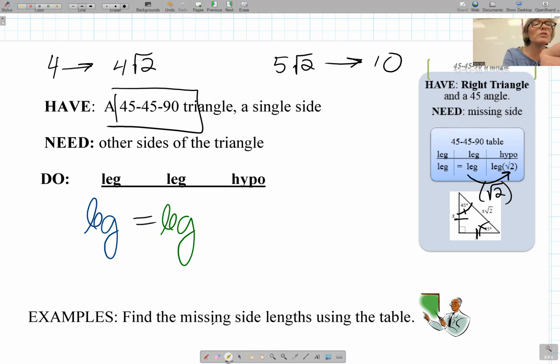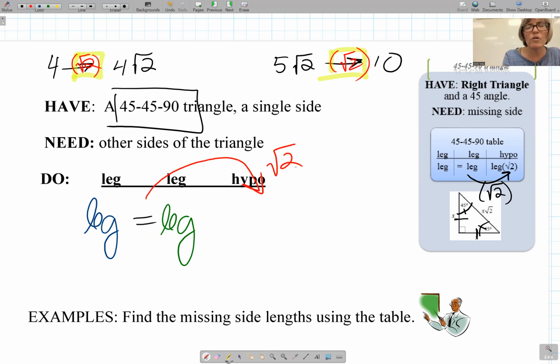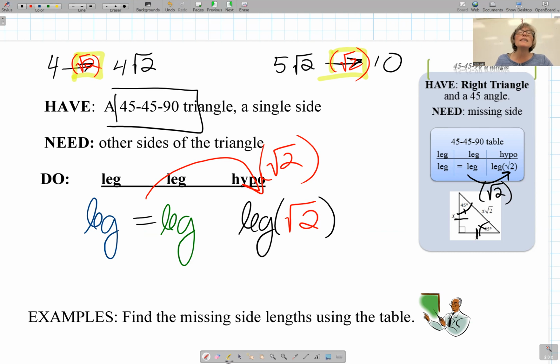What happened, what was the function box in between both of these, was simply times by root 2. So the hypo is going to be whatever the leg is times root 2. So I'm going to write leg times root 2. Again, this shortcut is only for a special right triangle, which is the 45, 45, 90.